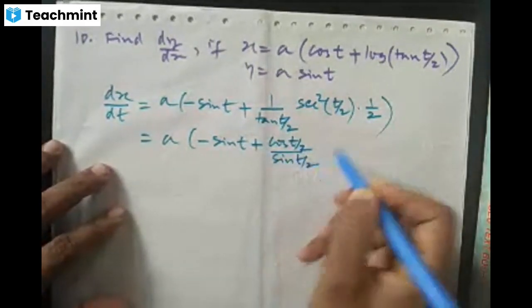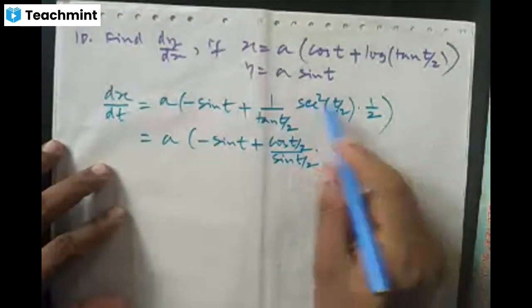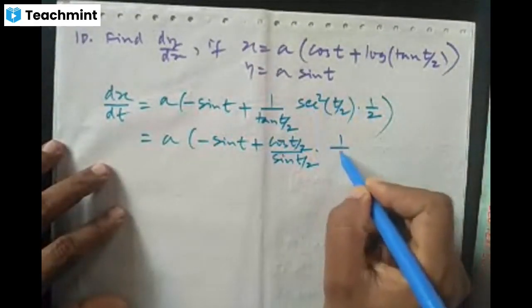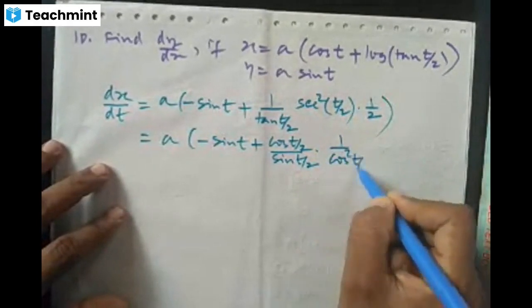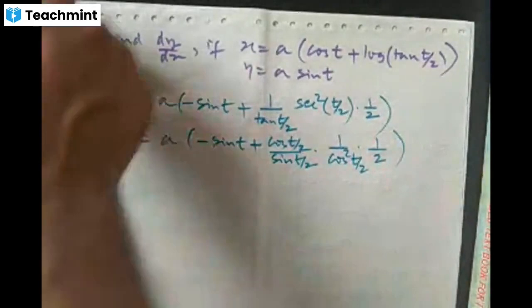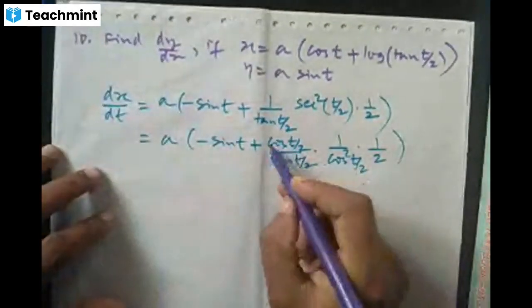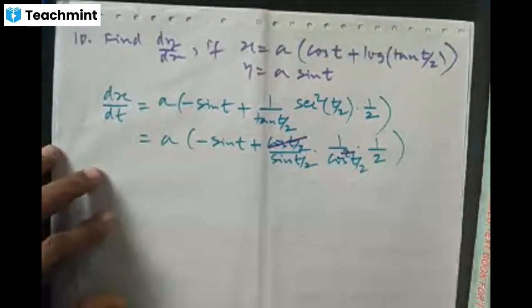I have written this directly. 1 by tan is cot. Cot is cos by sin, right? Similarly, secant square t by 2 is 1 by cos square t by 2, correct? Into 1 by 2.